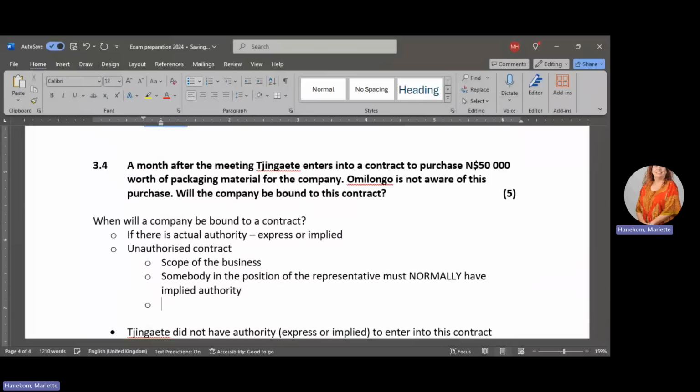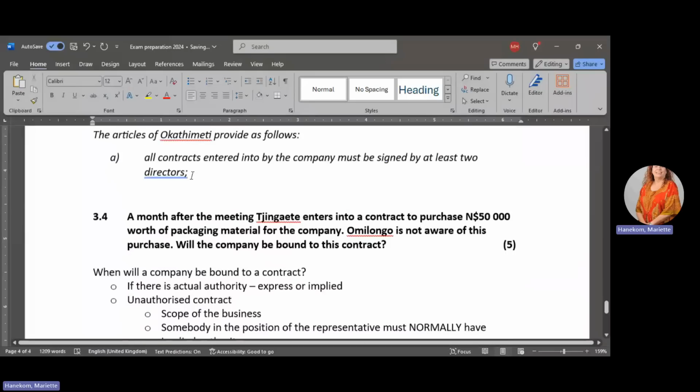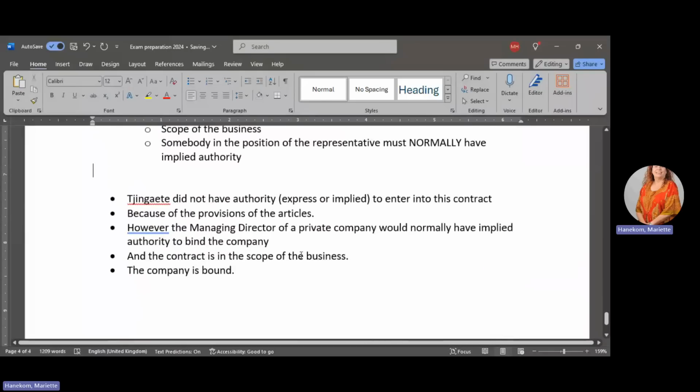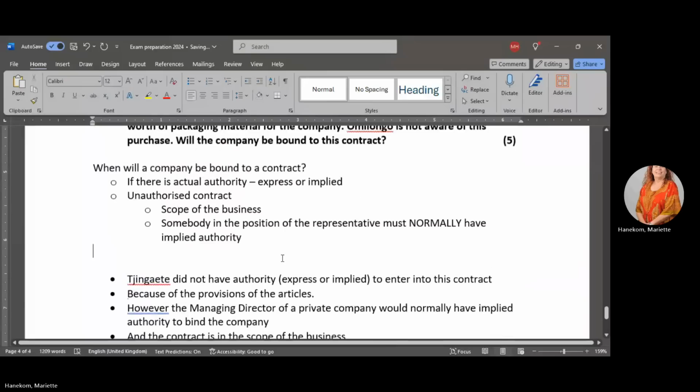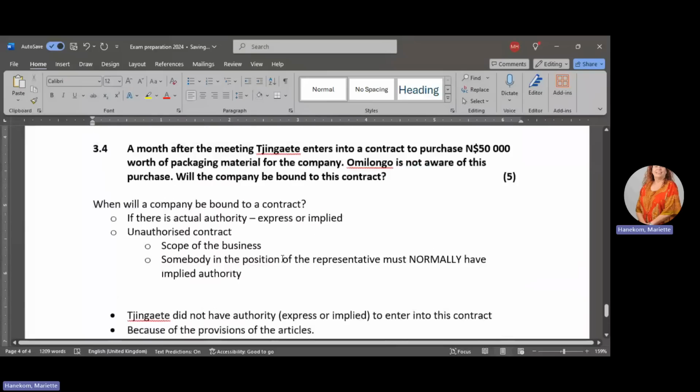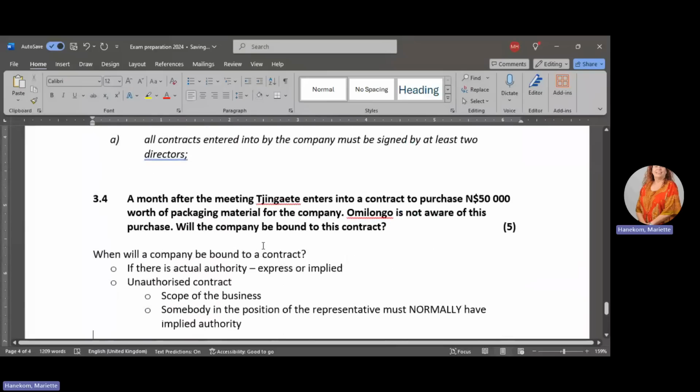Now, to be perfectly honest with you, the answers that I got in the special test were absolutely horrendous, because just about everybody told me that Shingaete has implied authority. No, Shingaete does not have implied authority.